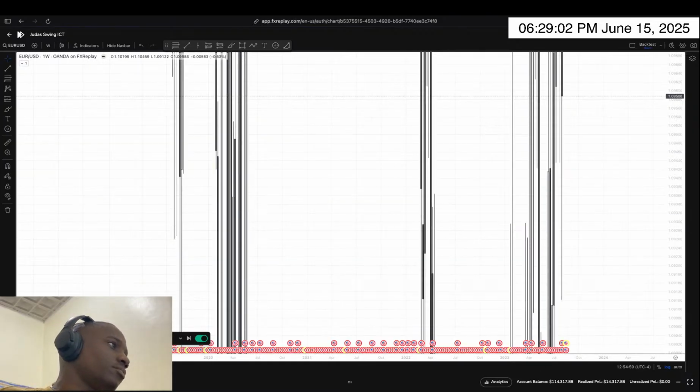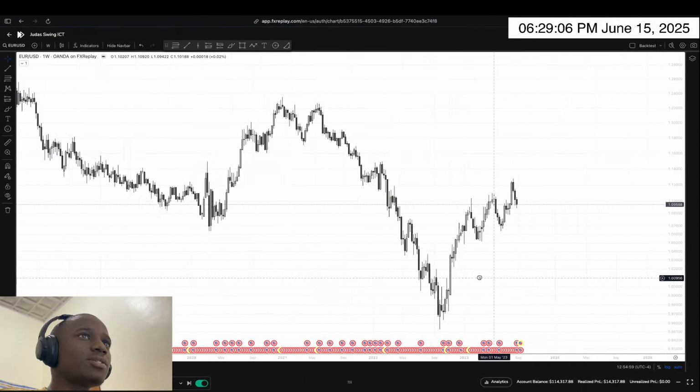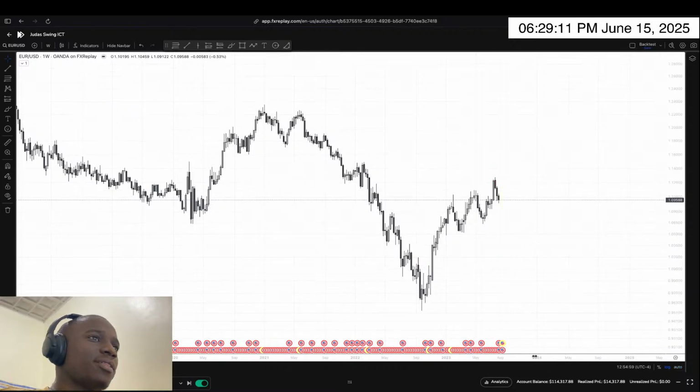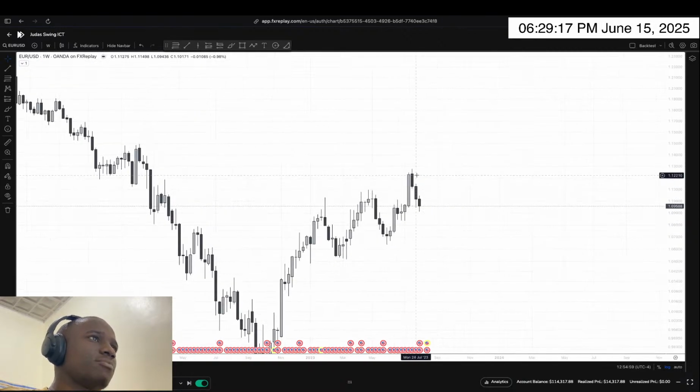When we go on the weekly, you can see that we were in an uptrend, and I think we still are, because we have a break of structure. This might be some kind of corrective move into an order block, either this one or this one, and then you continue the uptrend. If we fail to respect this order block, then it's the downtrend.